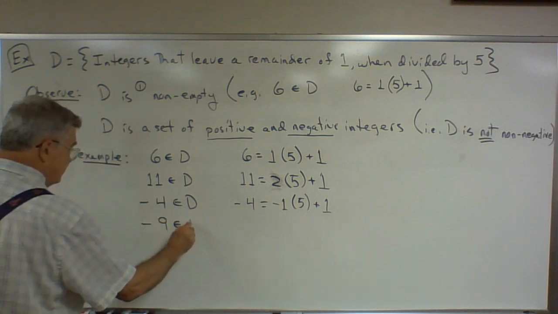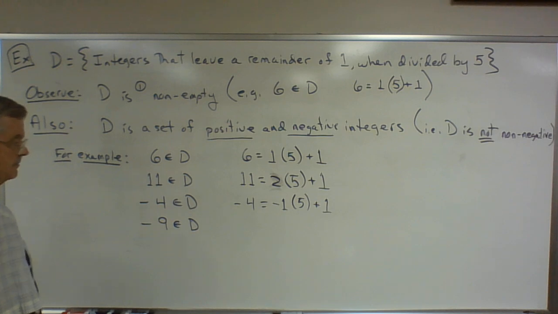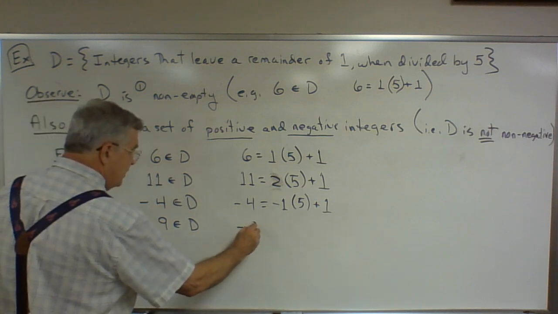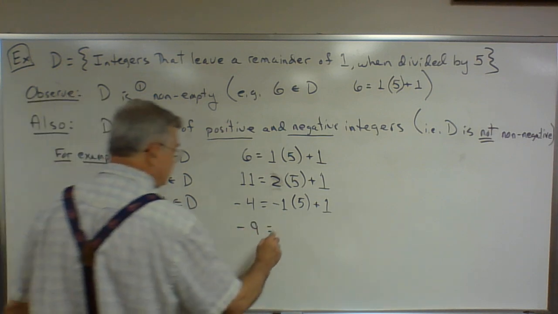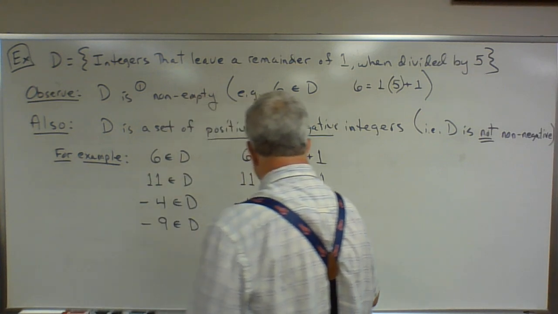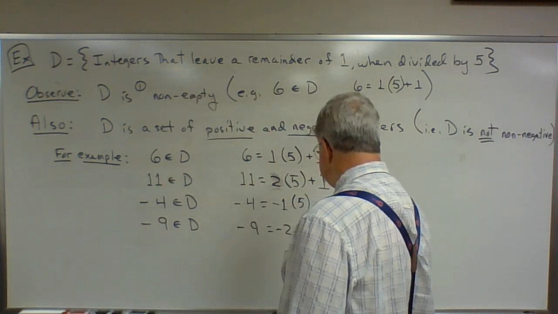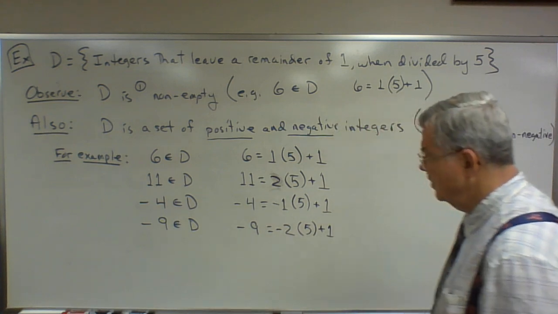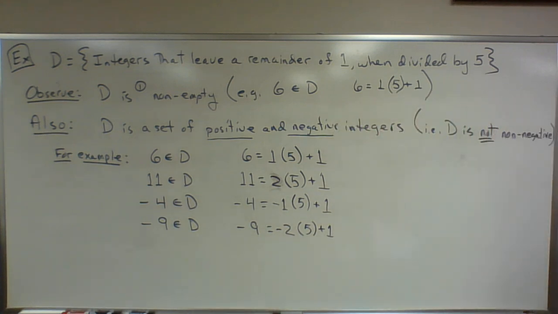Negative 9 is an element of D. Negative 9 equals negative 2 times 5 plus a remainder of 1. Okay.